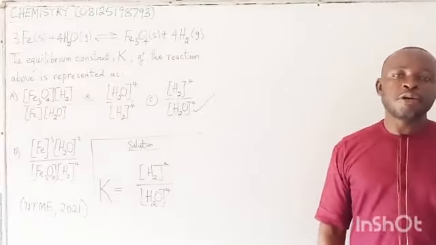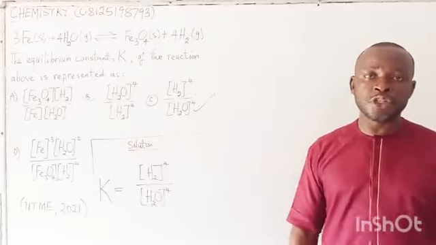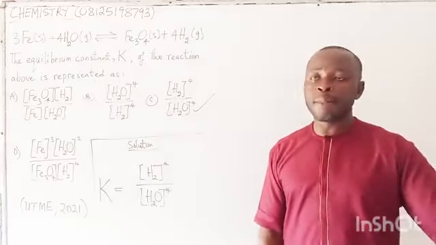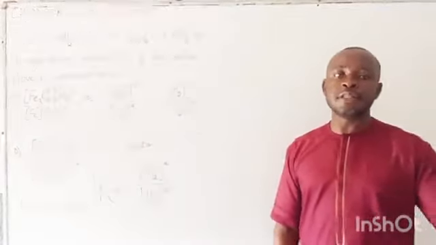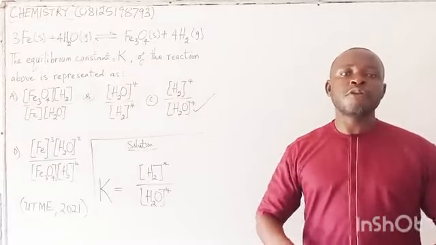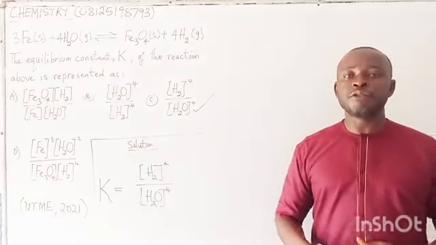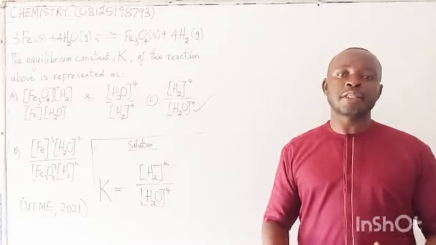But you may ask, why do we not take into consideration other species in this chemical equation? Maybe the species in solid form or in liquid form. The reason is this: their concentration does not vary to a great extent. The concentration of those species does not vary to a noticeable extent.